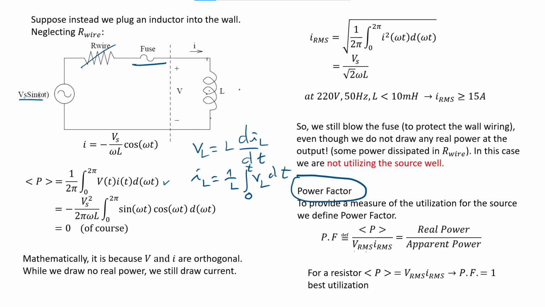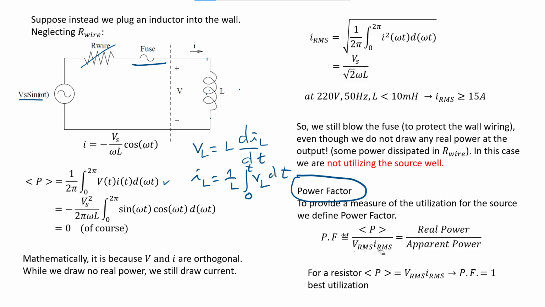And what is the metric to evaluate the utilization, whether it's good or not? The metric is power factor, which is the ratio between average power and apparent power.